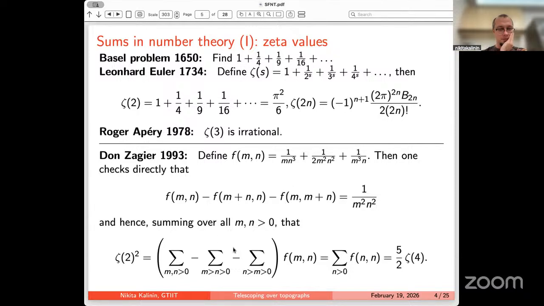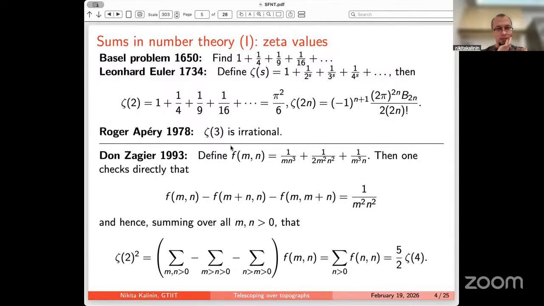And so finally, when you take a sum of this line over all m, n, only terms with equal arguments survive. All the other terms cancel. And here you see that it will be just 5 over 2, right? Zeta of 4.